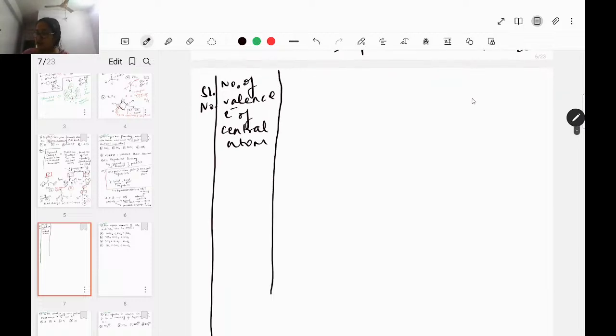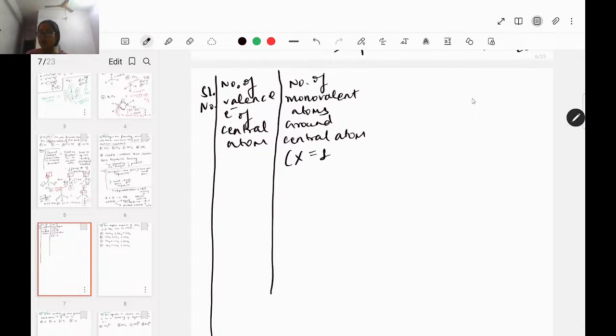Number of monovalent atoms around the central atom. If they are monovalent atoms, their contribution is 1.